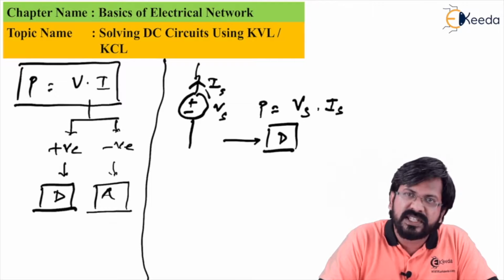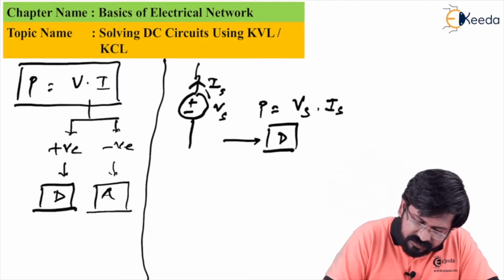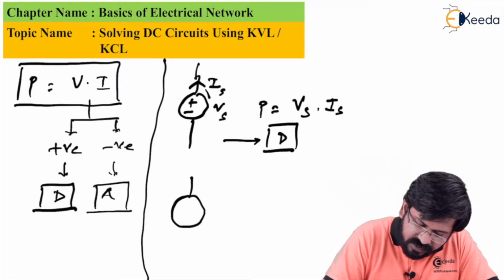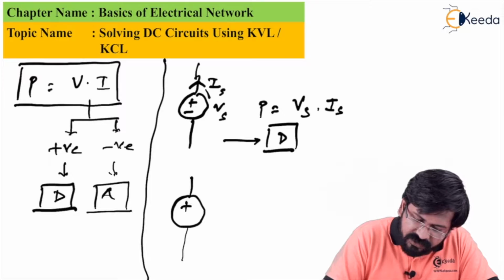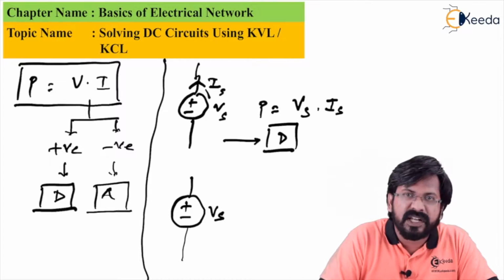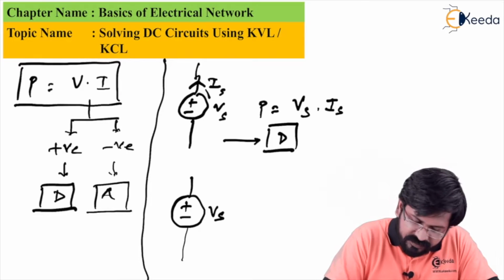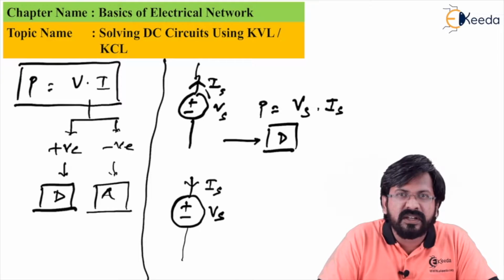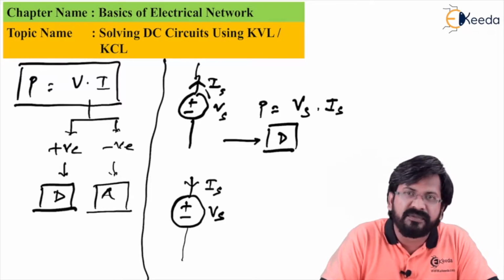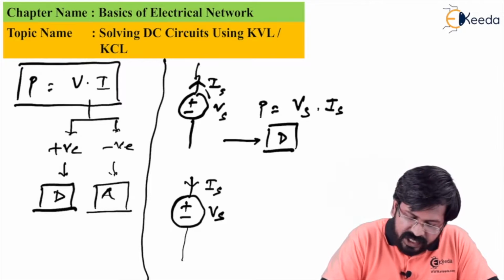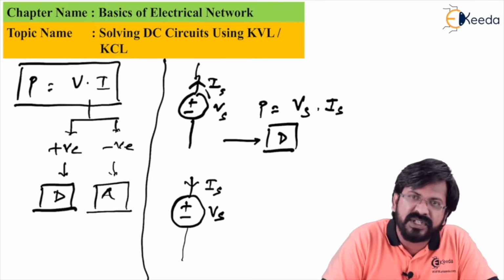Whereas we will see the second case. As you can see, I have taken the same polarity Vs, but this time let me assume the direction of current in a downward direction. According to the convention, a battery should always give the current from the positive terminal. But in this case, as you can see, the current is going inside the positive terminal.